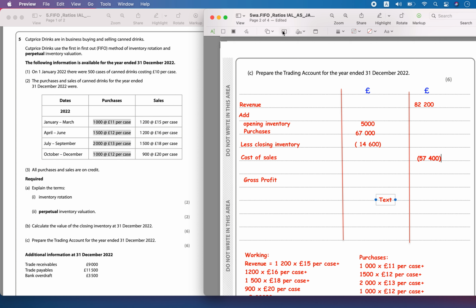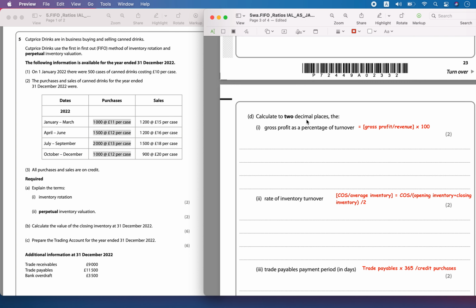So that is going to be equal to 24,800. Then calculate to two decimal places the gross profit as a percentage of turnover. So the formula is gross profit over revenue times 100.